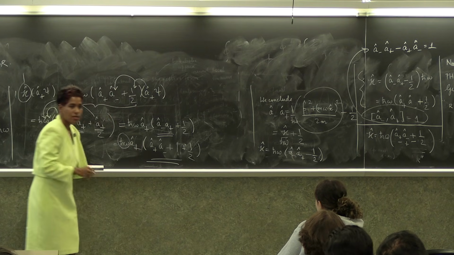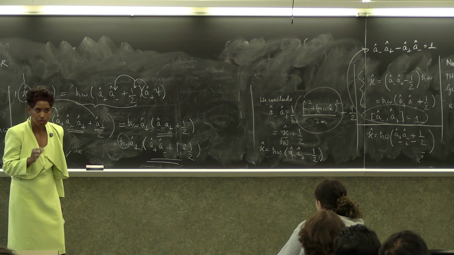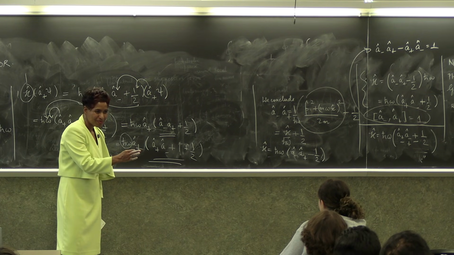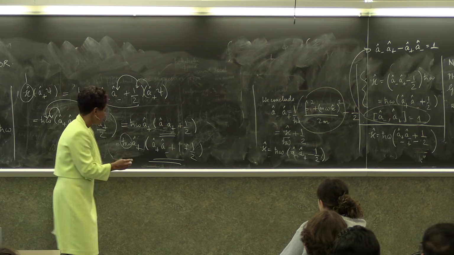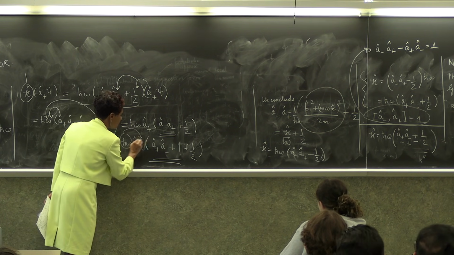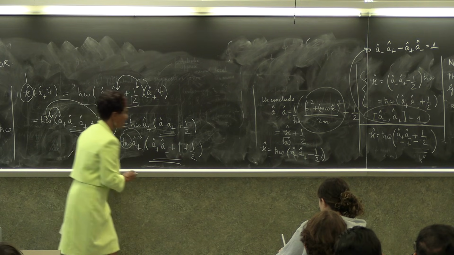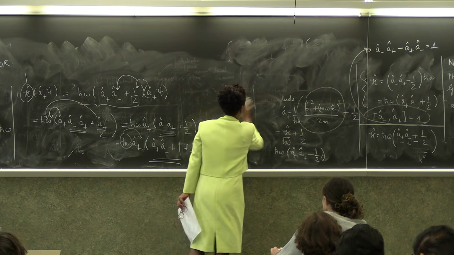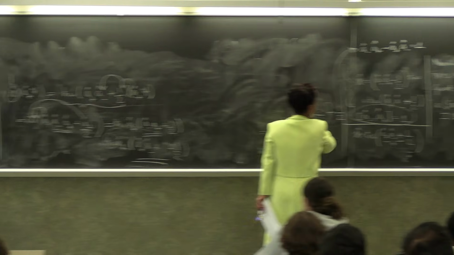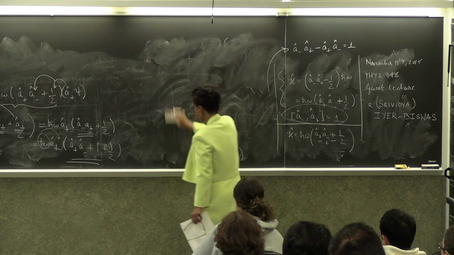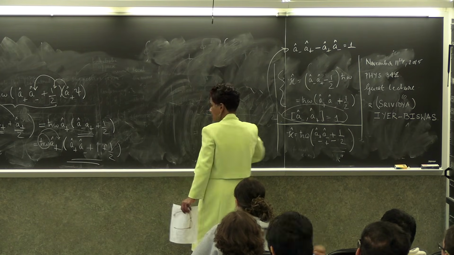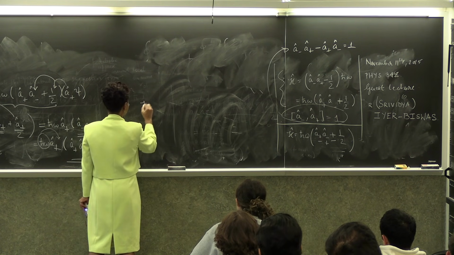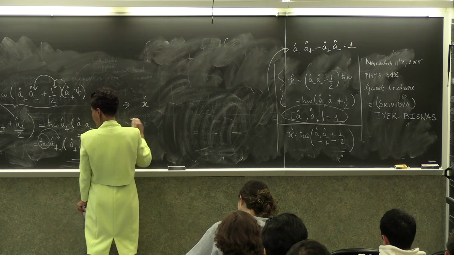H bar omega is just a number, a regular number, not an operator. So we can freely pass it through operators. Are you with me? So we can bring this in here and then take it inside. So what we in fact have is the Hamiltonian.